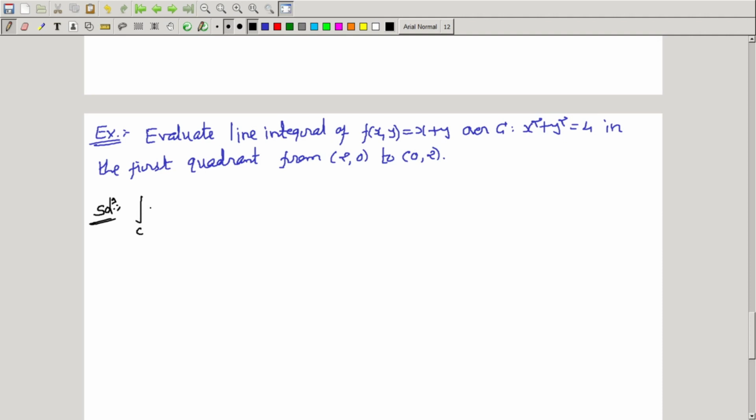Line integration over C. This is equal to, right?